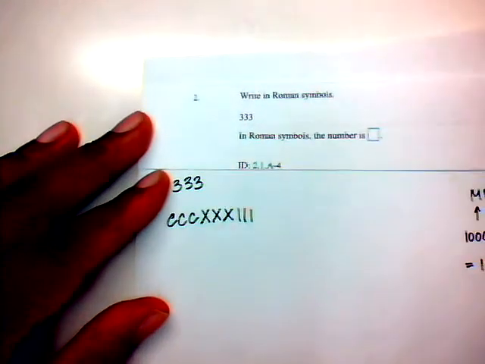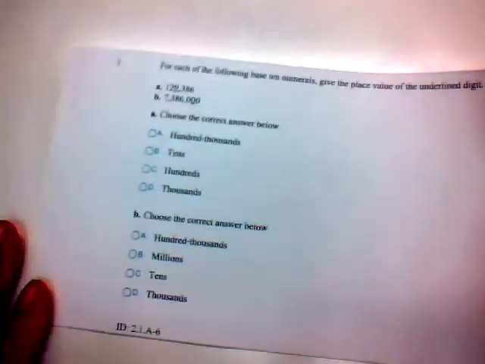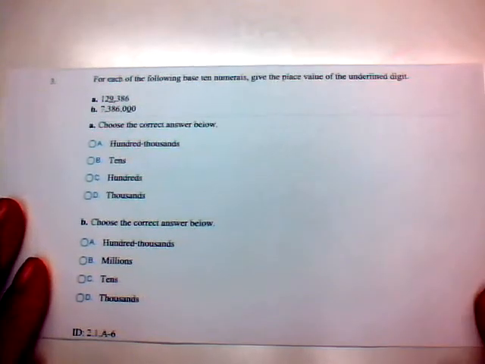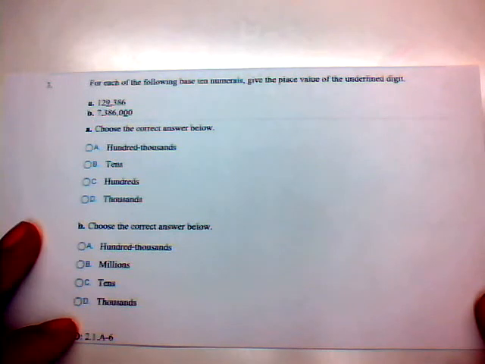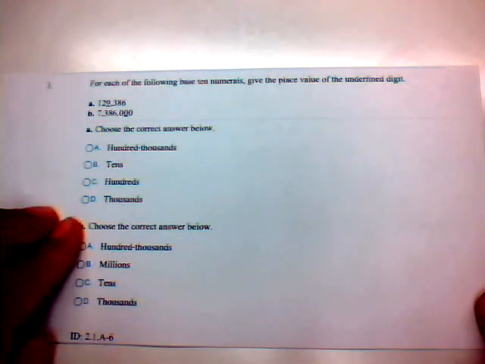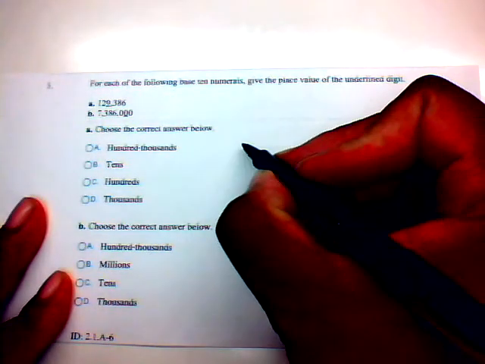Okay, now let's look at number 3. For each of the following base 10 numerals, give the place value of the underlined digit. And there are 2 problems here. Let's look at part A. That's 129,386.